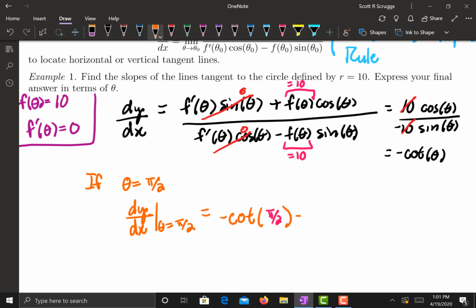Now negative cotangent of pi over 2, that's just negative cosine of pi over 2 over sine of pi over 2. And we know that cosine of pi over 2 is 0. We know that sine of pi over 2 is 1. So I'm going to have 0 as the slope of my tangent line at angle pi over 2.